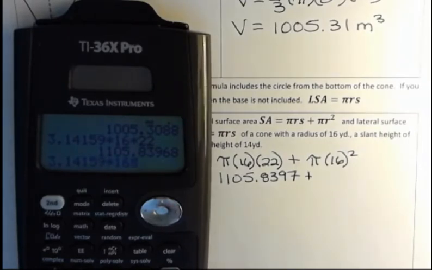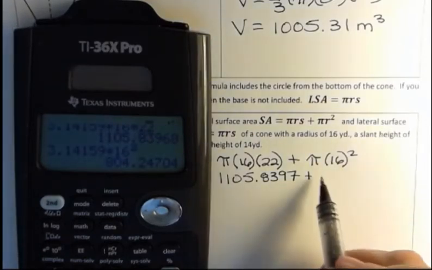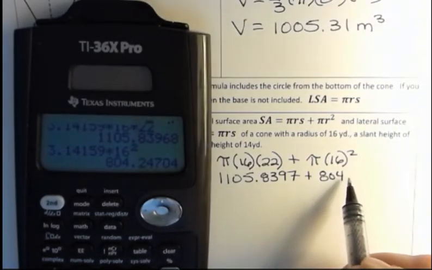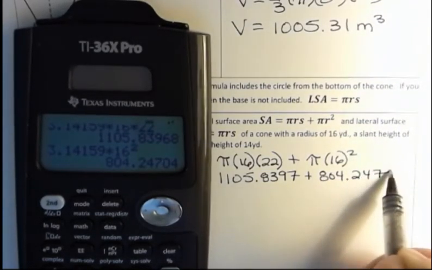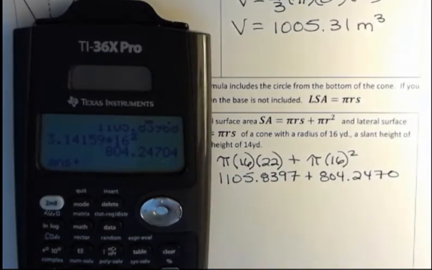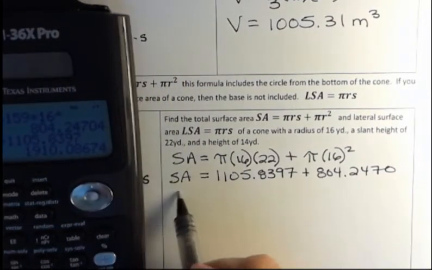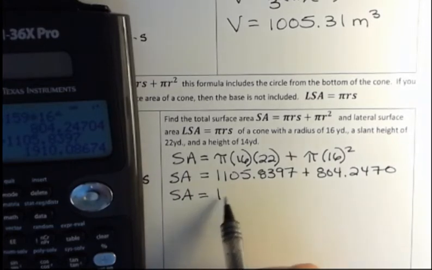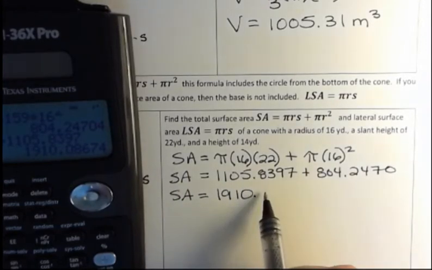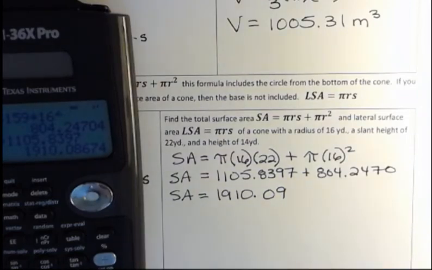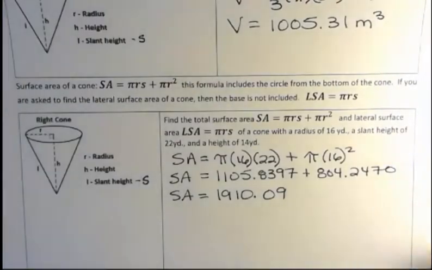Then pi r squared is 3.14159 times 16 squared, which is 804.2470. Adding the 1105.8397, the total is 1910.09, rounded to the hundredths, which is what I've been doing.